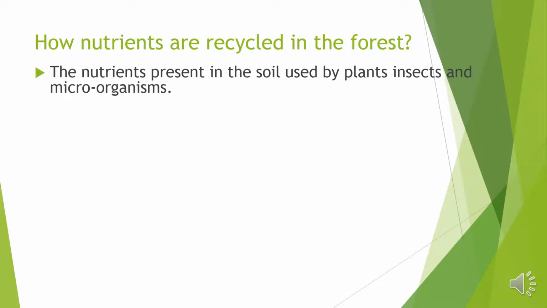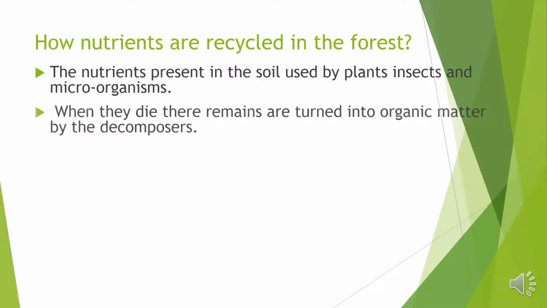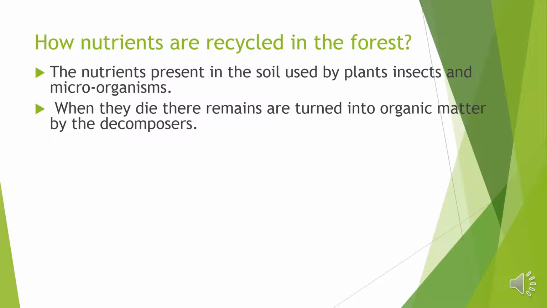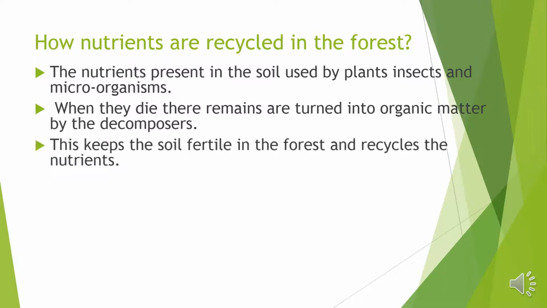The nutrients present in the soil are used by plants, insects, and microorganisms. When they die, their remains are turned into organic matter by decomposers. This keeps the soil fertile in the forest and recycles the nutrients.